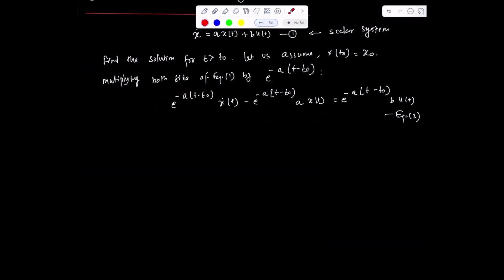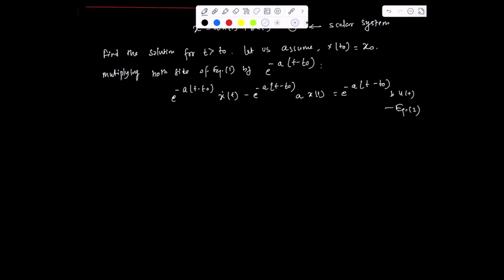This term we can write as d by dt of e to the minus a (t minus t naught) x of t, which equals e to the minus a (t minus t naught) x dot of t minus a e to the minus a (t minus t naught) x of t.